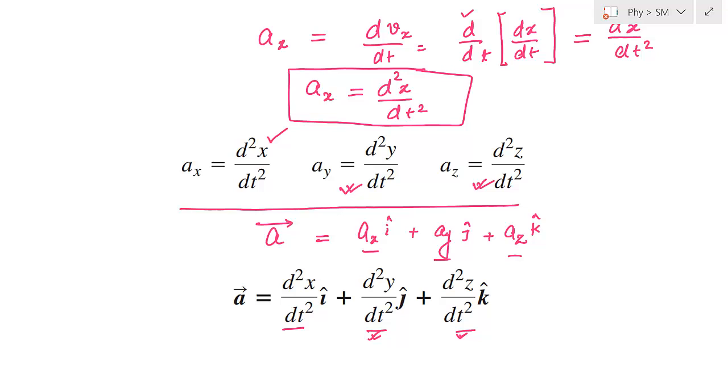We also said the direction of instantaneous acceleration may or may not be tangent to the trajectory. This is in contrast to the instantaneous velocity vector, which is always tangent to the trajectory, but instantaneous acceleration is not like that.